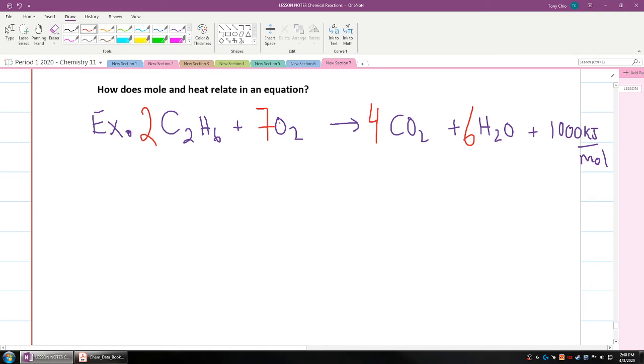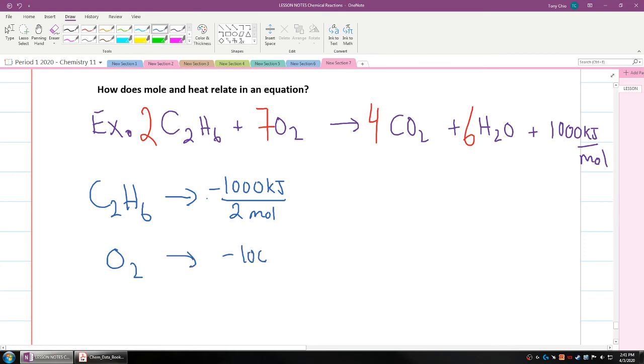So in this example, let's talk about our conversion factor for, for example, C2H6. It's going to be negative 1,000 kilojoules over 2 moles of C2H6. If we're talking about oxygen gas, it's going to be negative 1,000 kilojoules per 7 moles of oxygen.